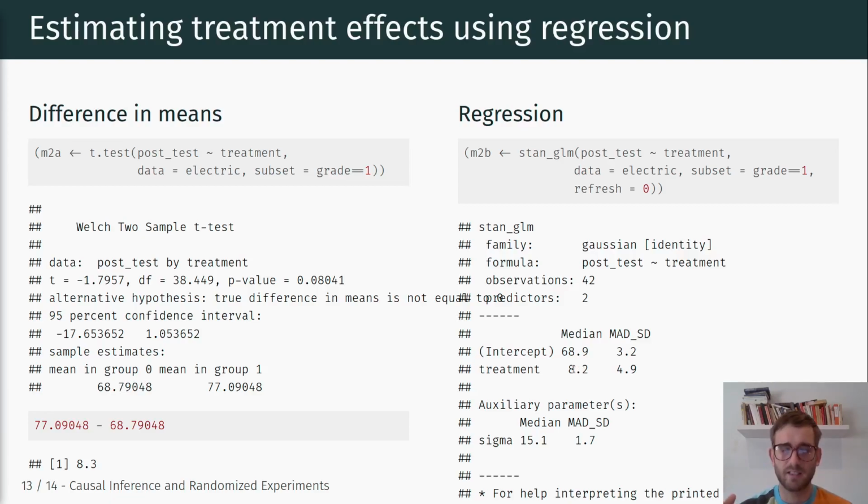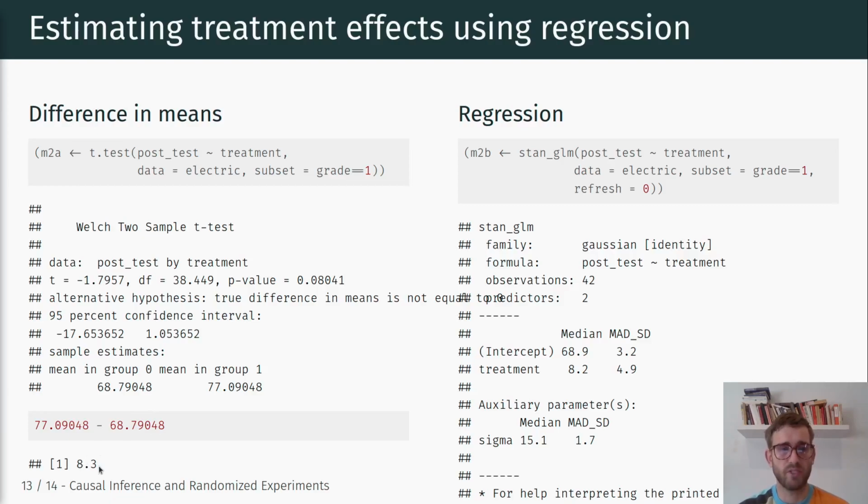The coefficient for our treatment indicator is the difference in the expected outcome for observations where this treatment indicator is equal to 1 versus 0. That's the difference between treatment and control, or in other words, directly the treatment effect itself. This is 8.2, with just a slight rounding deviation, which is equivalent to the mean difference that we recovered based on the t-test.